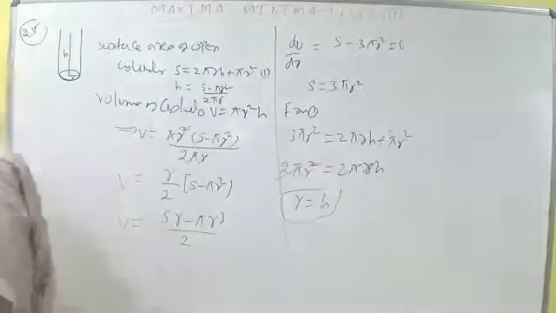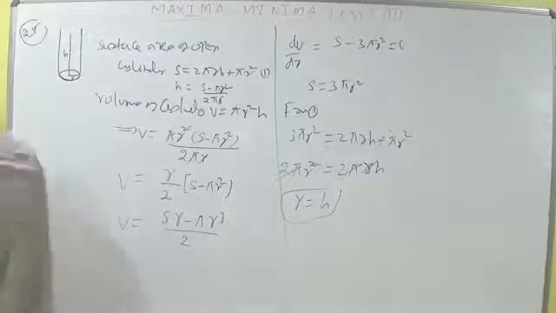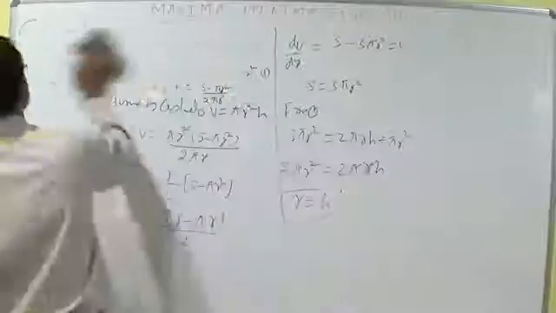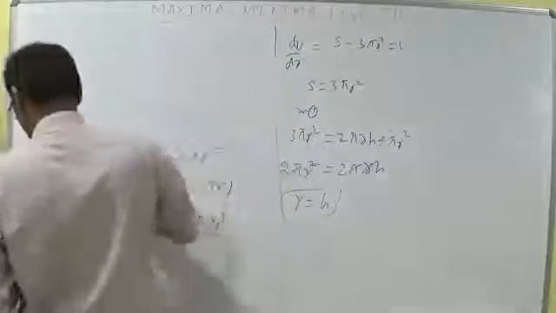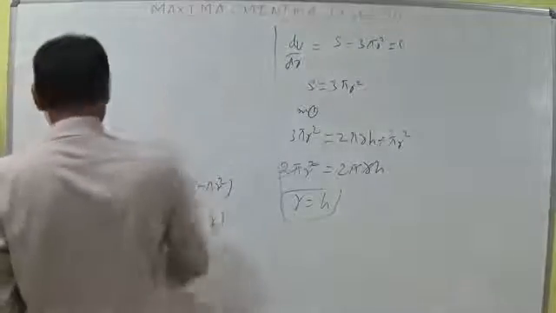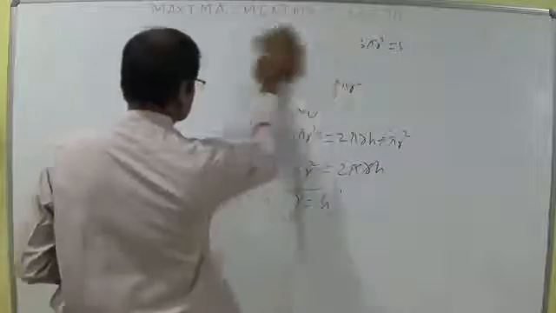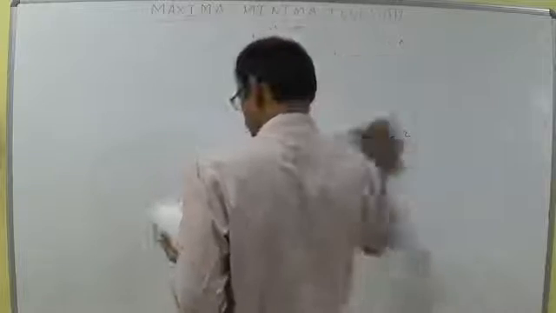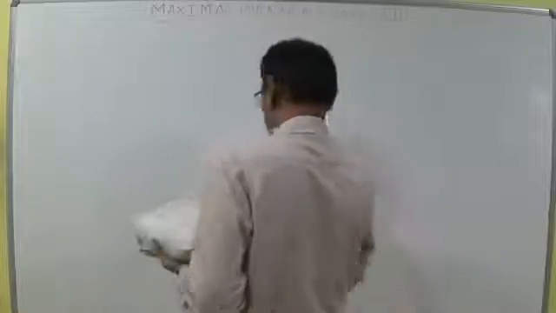Now let us discuss the 26th question, the volume of a cylinder. Try to understand, students. Here he has given: the volume of the greatest cylinder which can be inscribed in a cone of height h and semi-vertical angle alpha.